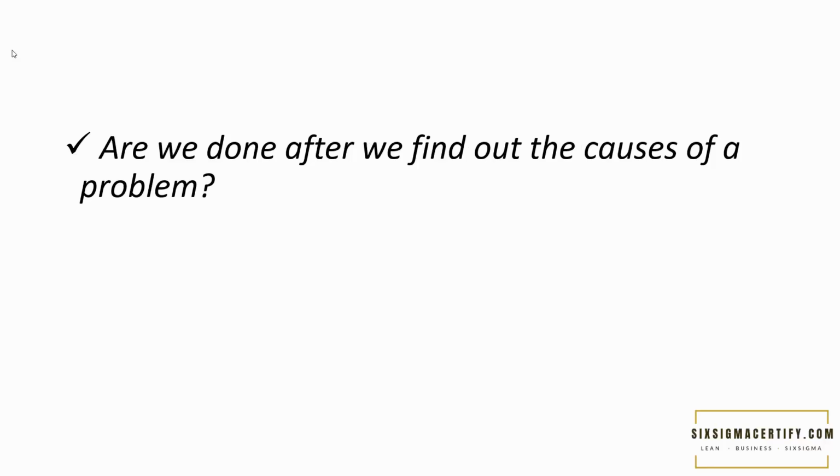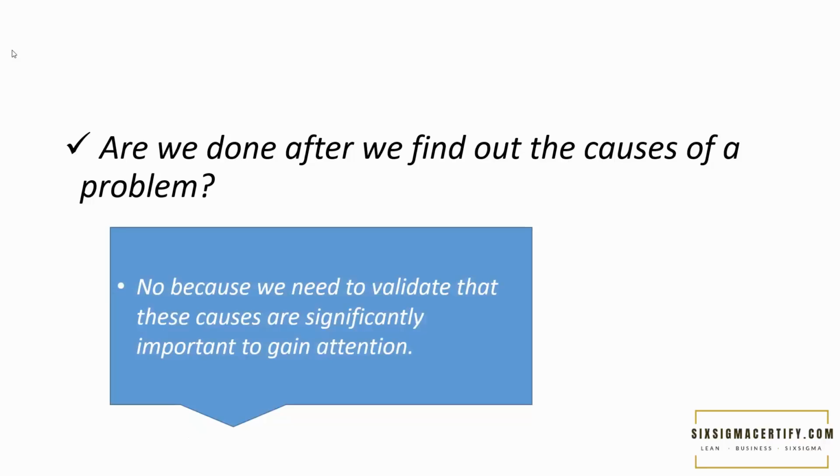So are we done after we find out the causes of the problem? We hear it quite often that analyze phase is related to the root cause analysis. No, because we need to validate that these causes are significantly important to gain attention. During the brainstorming session, we may find that there are different causes responsible for the effect. That means there may be different causes that may be responsible for the problem.